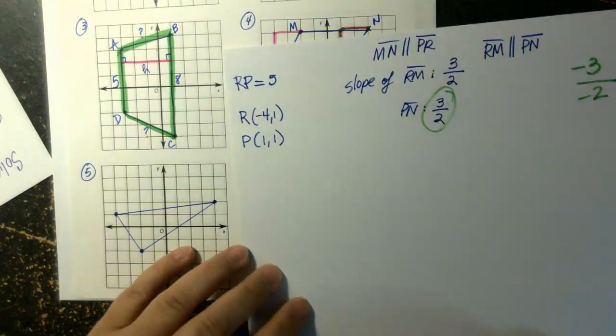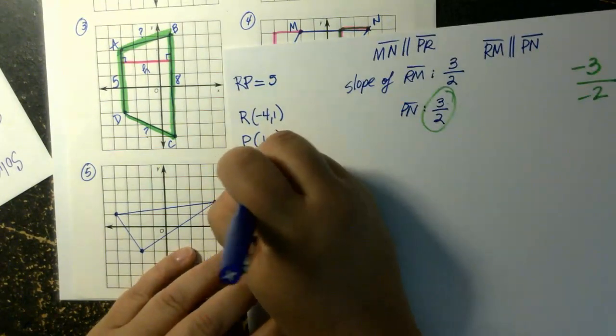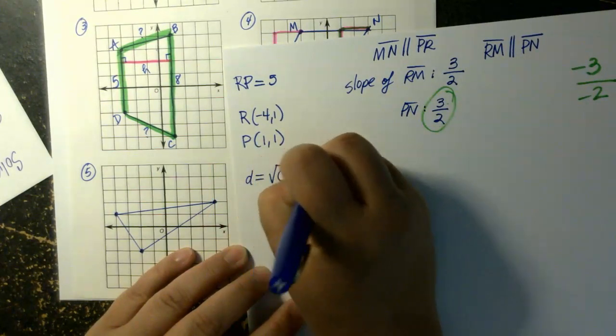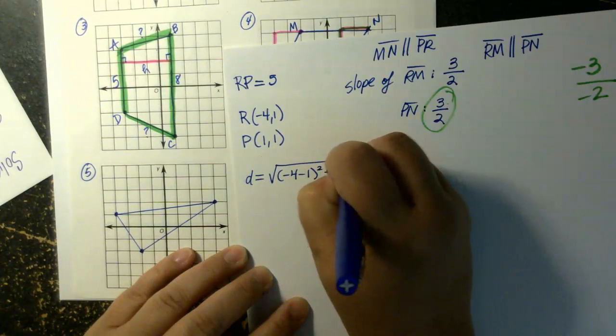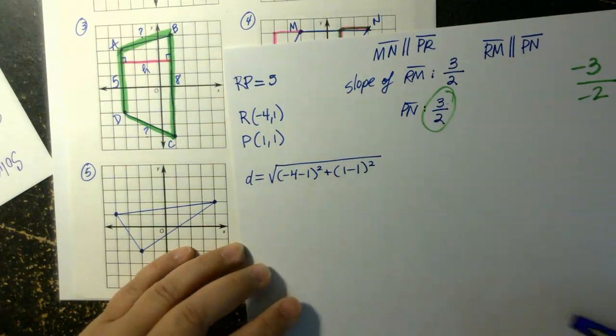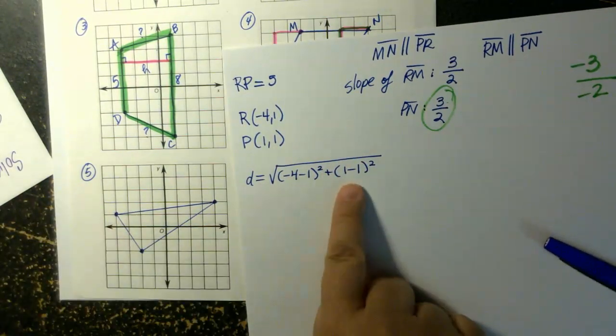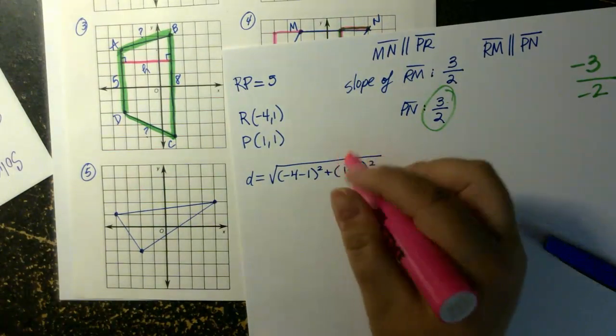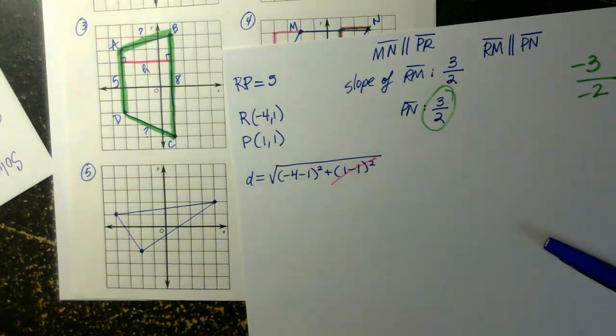Okay, let's say I had not felt like I could count, and I needed to figure out, using the distance formula, how long RP was. So R is at negative 4, 1. And I really did mess up my felt tip here. Sorry about that. And P is at 1, 1. And I'm going to use the distance formula. So the distance between those two, negative 4 minus 1 squared plus 1 minus 1 squared. Well, look what's happening here. 1 minus 1 is just 0. So this doesn't make a difference.